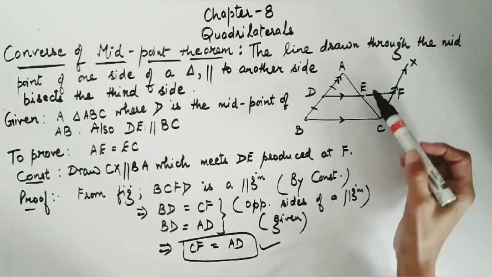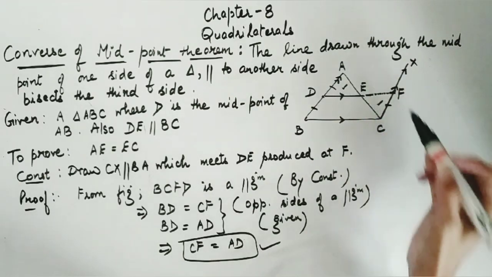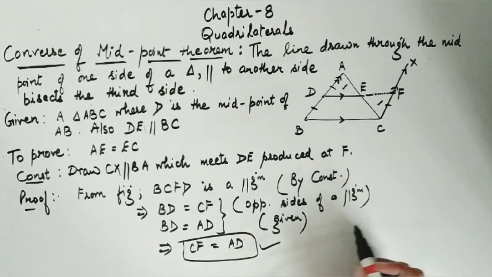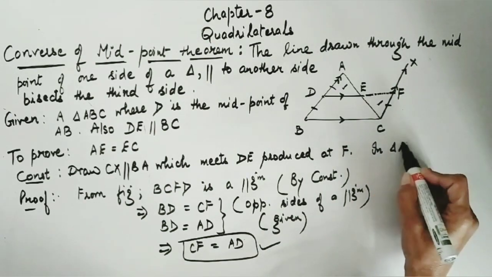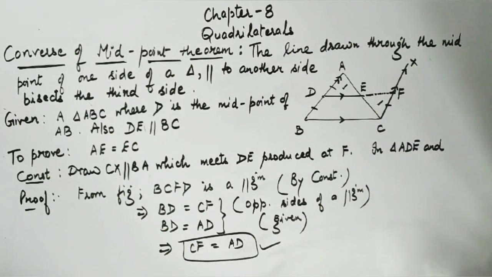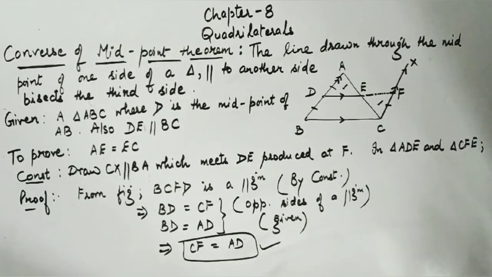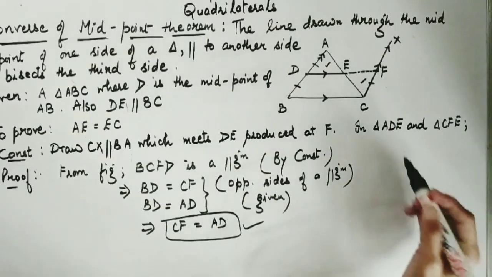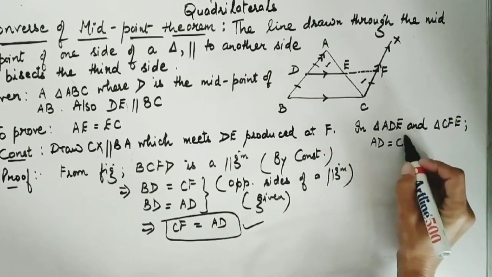Now our goal is to prove that E is the midpoint of AC. Pick up these two triangles. We are taking triangle ADE and triangle CFE. In triangles ADE and CFE, AD is equal to CF.